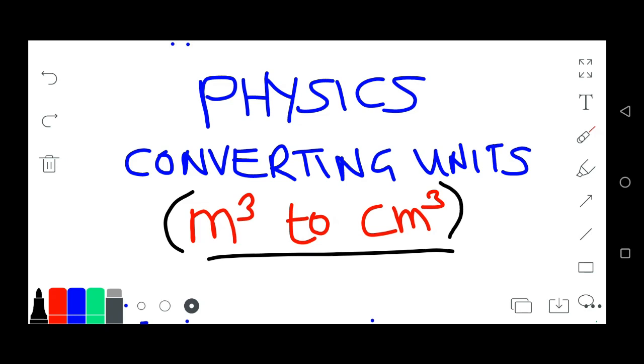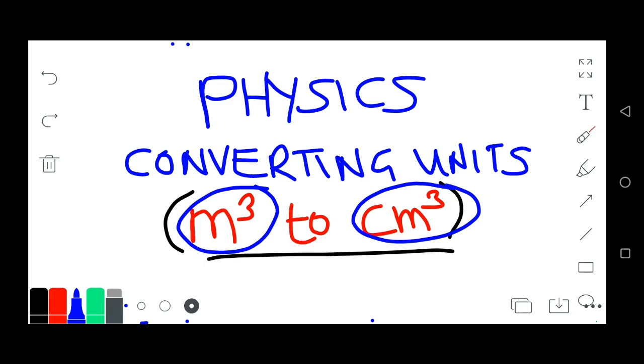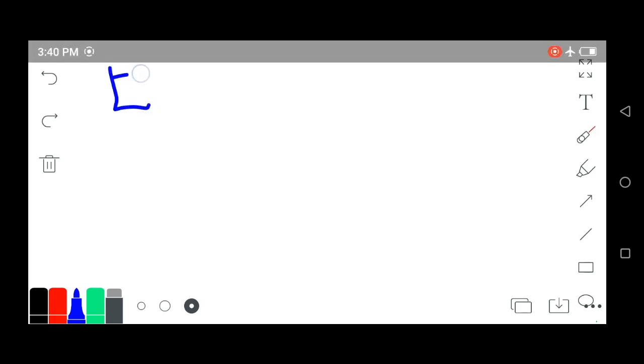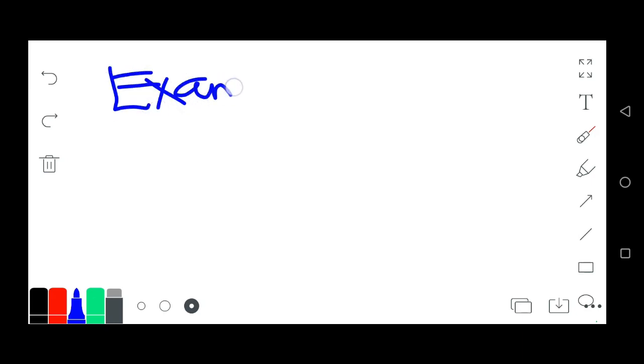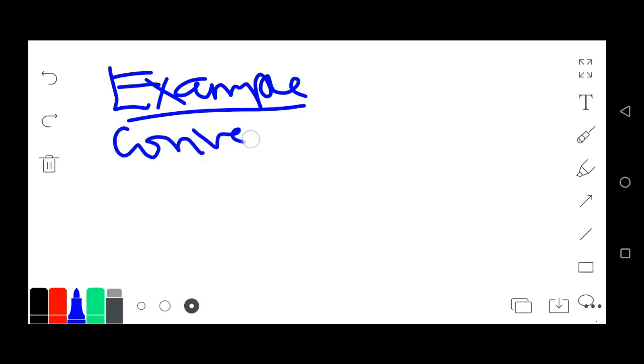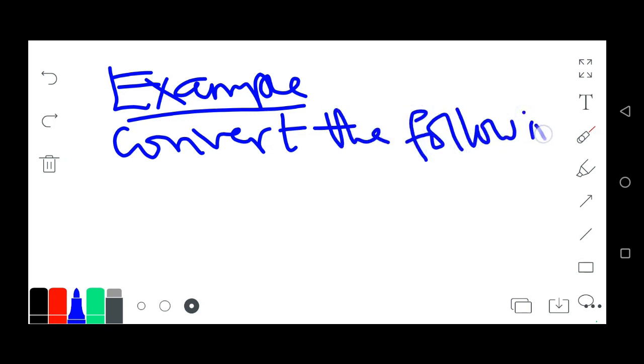Okay, so we are looking at converting the units that are in meters to centimeter cubic. Example: convert the following units.